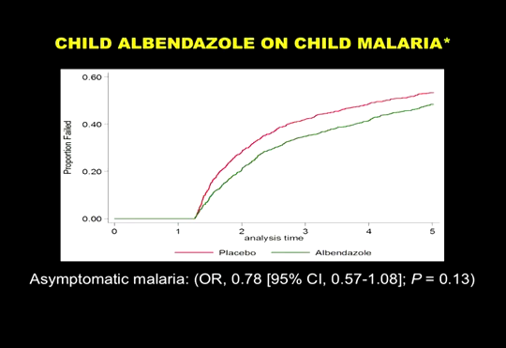The hazard ratio was 0.85, was statistically significant, whereas for the asymptomatic malaria, although there is a suggestion for a beneficial effect, it did not achieve statistical significance.